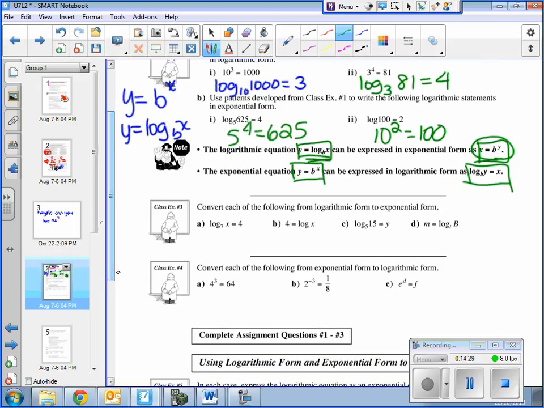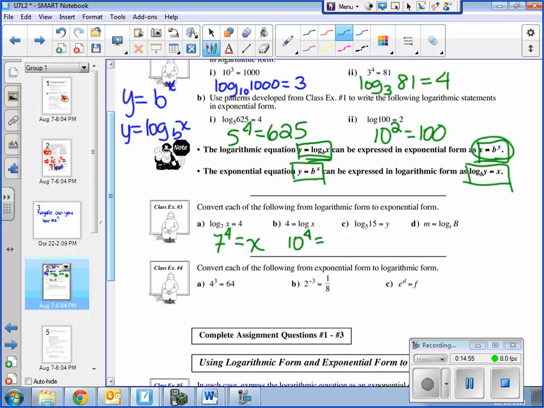Okay, so let's put these all into exponential form. So what's my base? What's my exponent? Equals x. Good. What's my base? 10. What's my exponent?